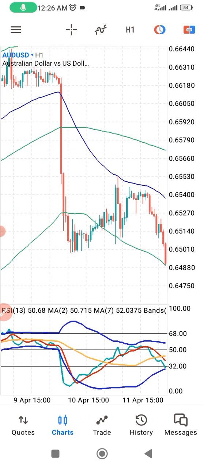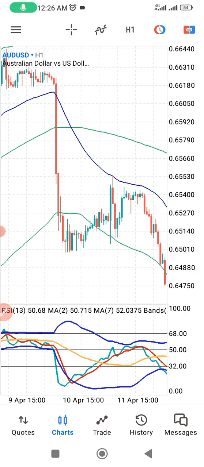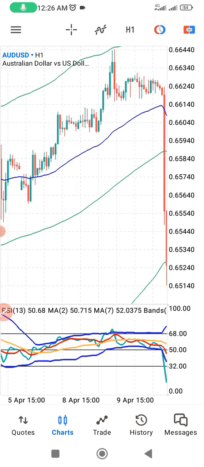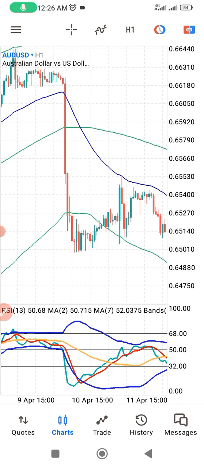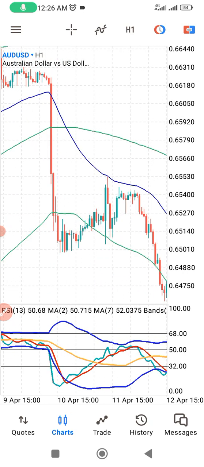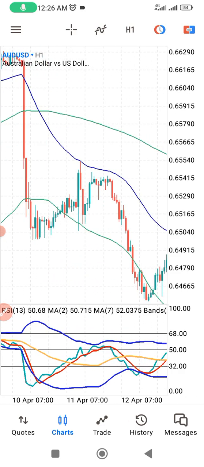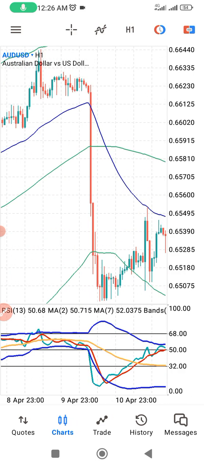Looking at our chart, there are two ways to identify the market structure, and one of the easiest ways, which we'll be using for this video, is by using our indicator. What does that mean to us?